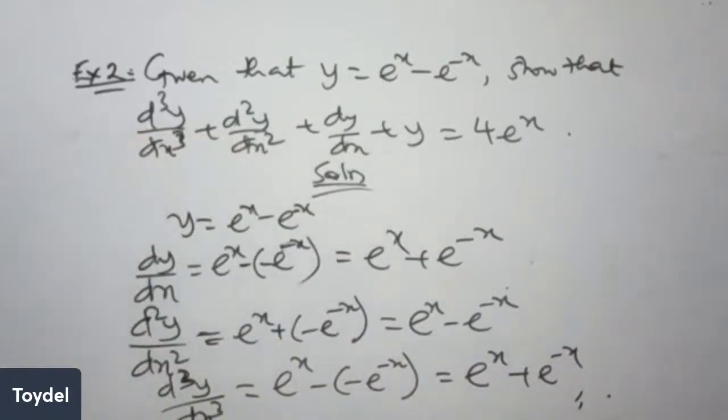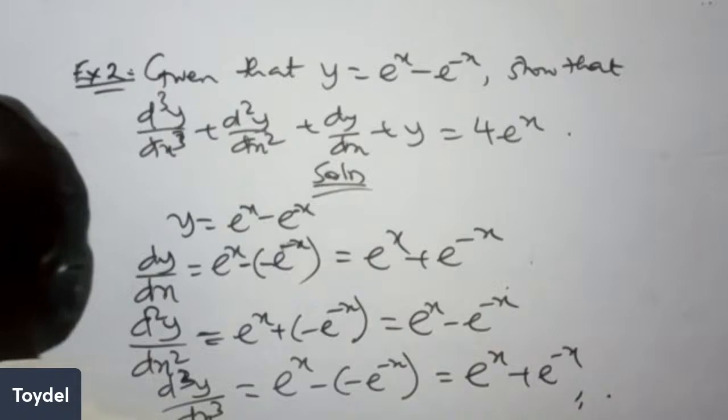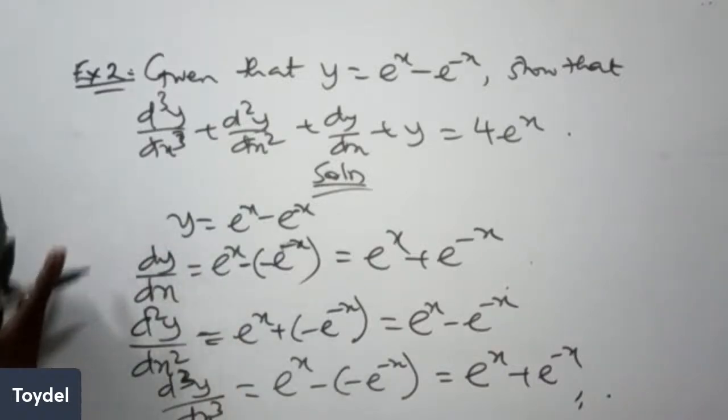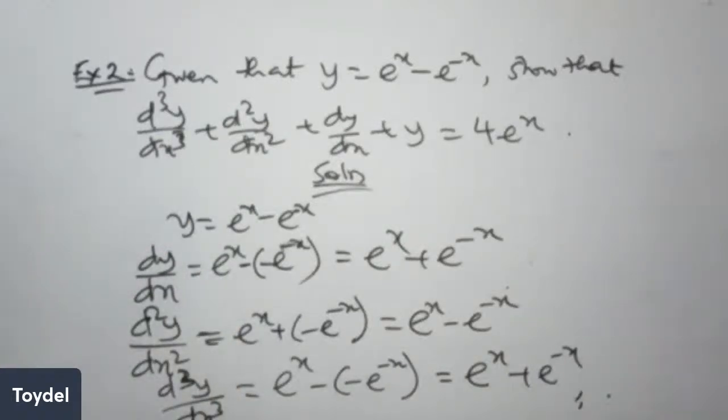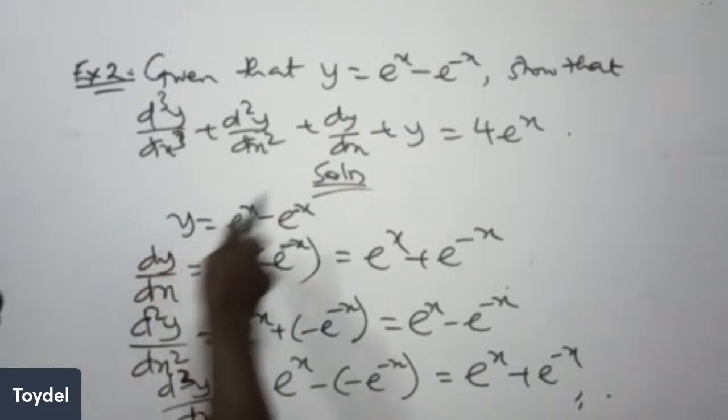So the question says that we should show that if we add d³y/dx³ plus d²y/dx² plus dy/dx plus y, I'm going to get 4e^x.